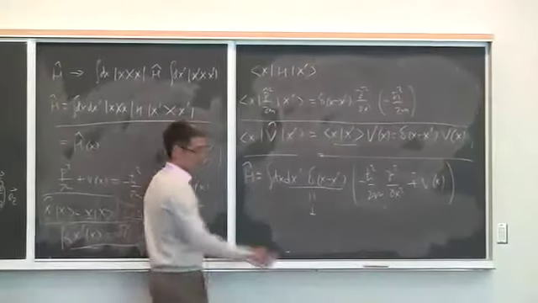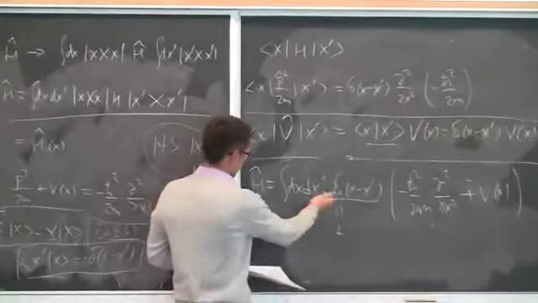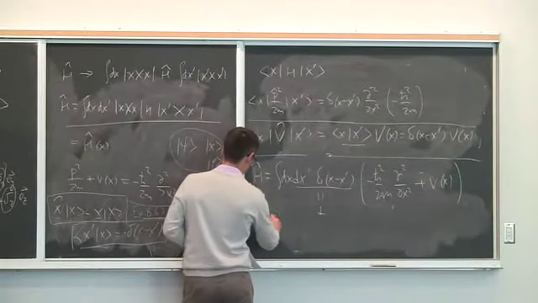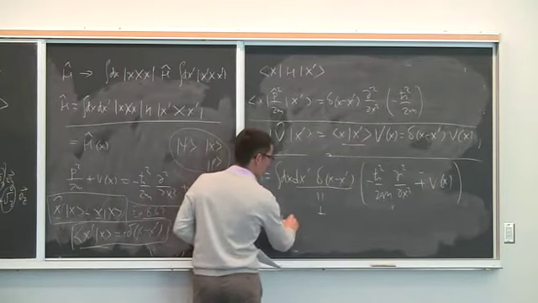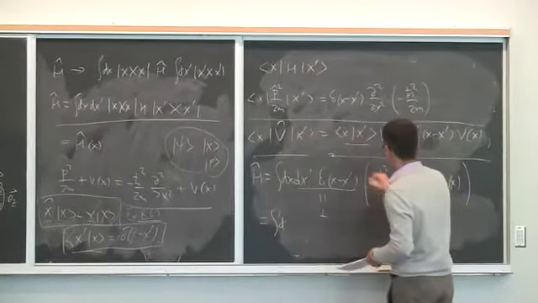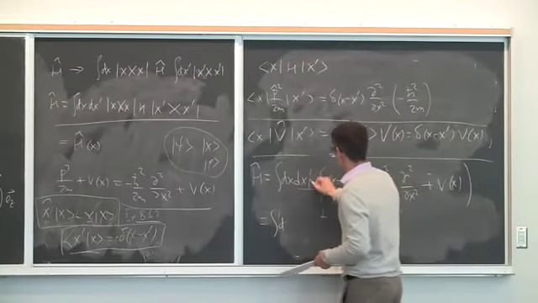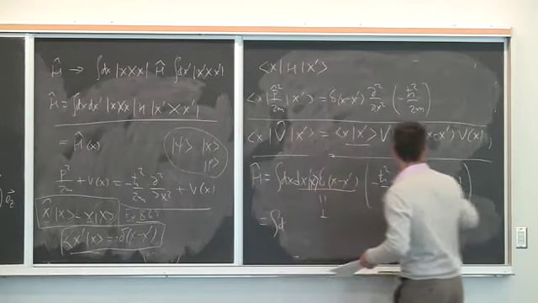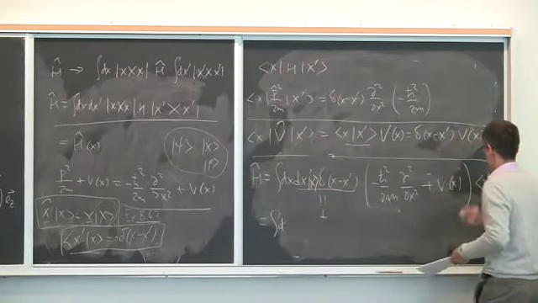Because the integral of the delta function will be just 1. And what I forgot was the bra-ket vectors, right? Because it's x here and x prime.